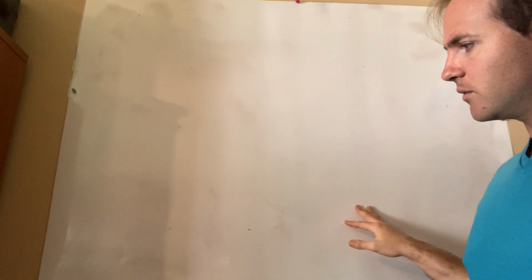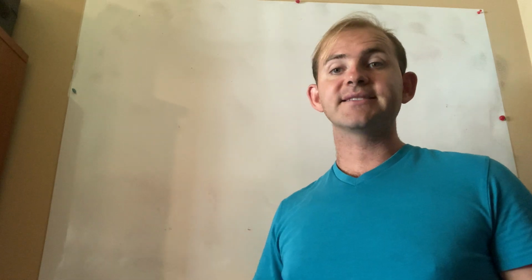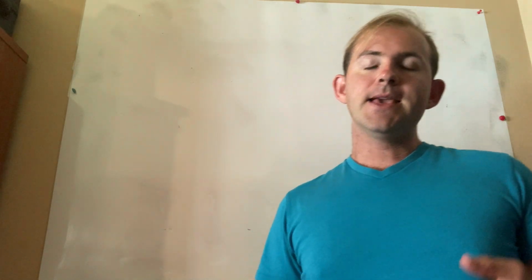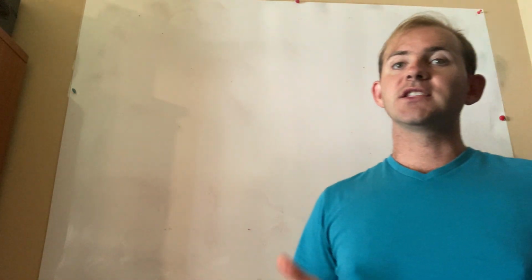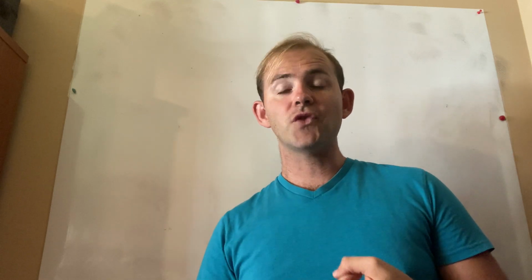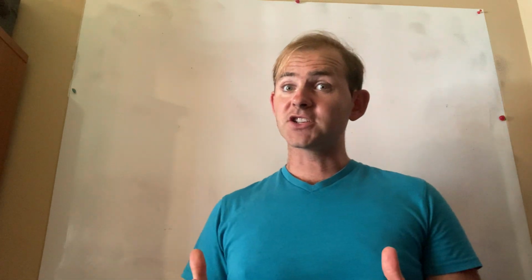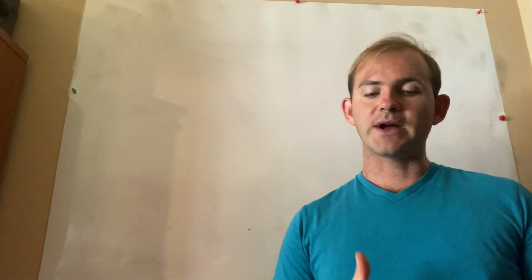So the area of this rectangle would be found by multiplying base times height, or I could say length times width, okay? Now, in geometry, we're going to be using the Pythagorean Theorem a lot of times to calculate side lengths, and we're going to be using area formulas of rectangles and triangles quite frequently in order to find the area of composite shapes that are built of rectangles and triangles, okay?